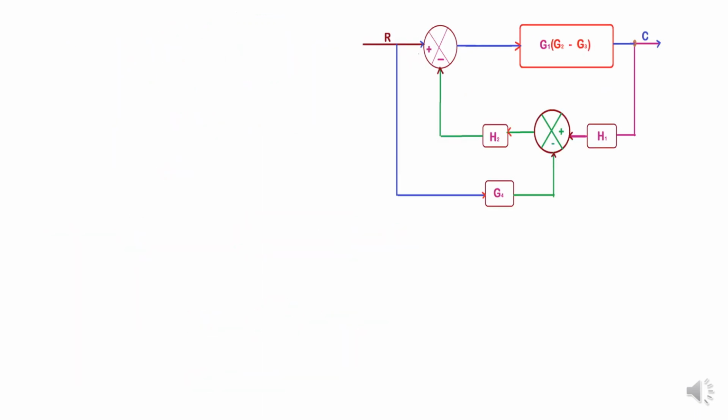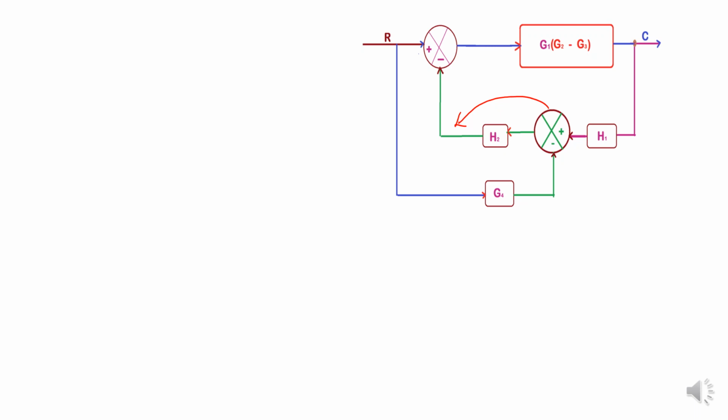And next, here the summing point, I have to move the summing point after a block, then only I can solve the problem easily. So I have to move the summing point after the block. So what I have to do?